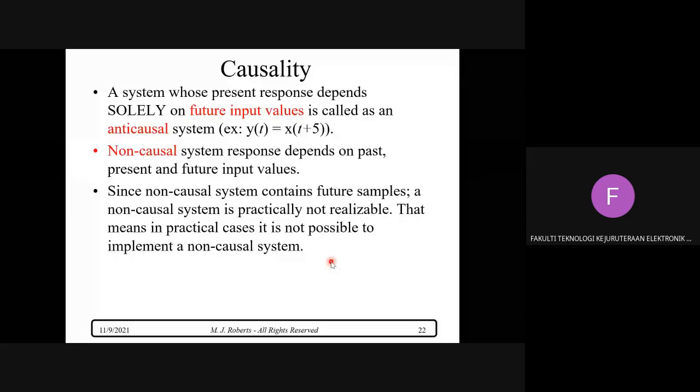Okay, a non-causal system contains future samples. A non-causal system is practically not realizable. So in practical cases, in real life, we only have causal systems, that is, systems that depend on the input at the present time or at past times, not future.